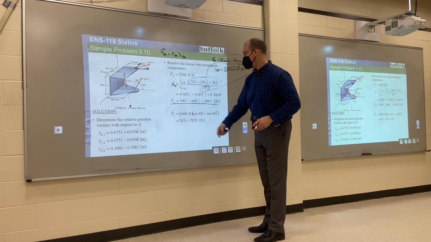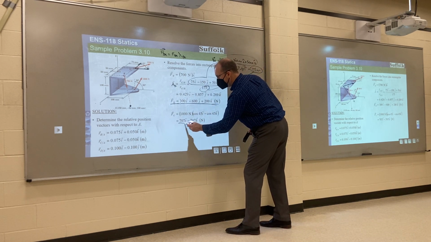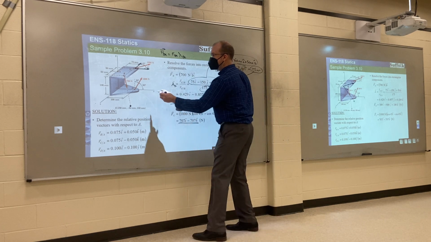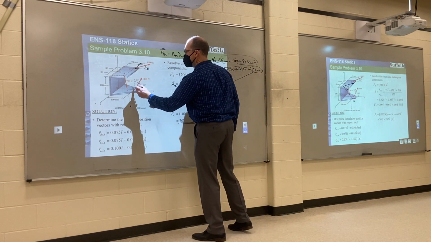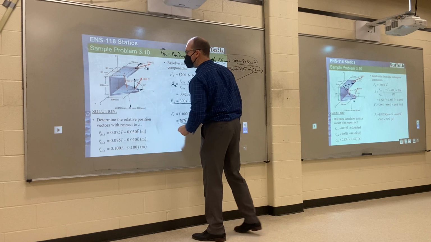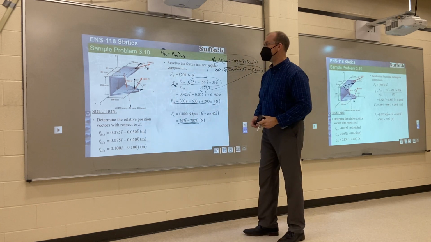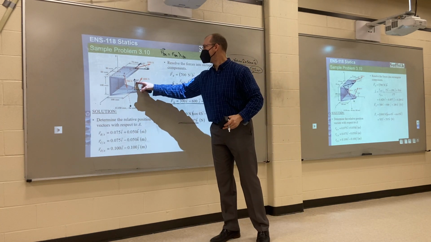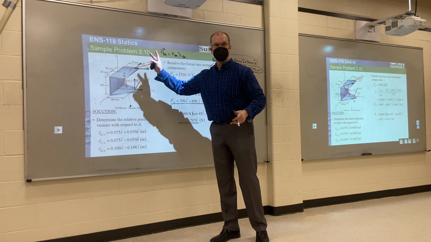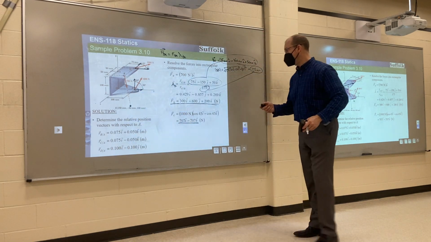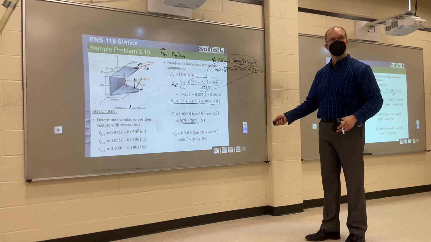Okay. So now we have the components of this force at C, and same thing here. We have 1200 cosine 60 positive, and 1200 sine of 60, or cosine of 30, also positive. So we should have an I and a J, both positive, which we do.